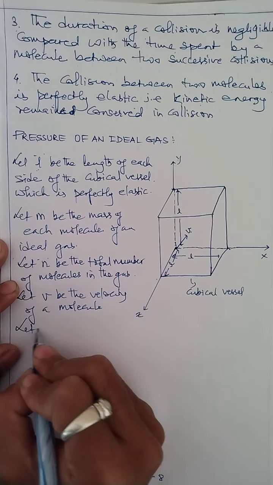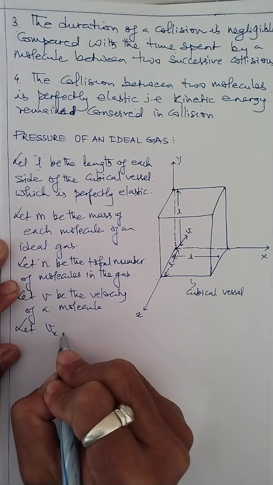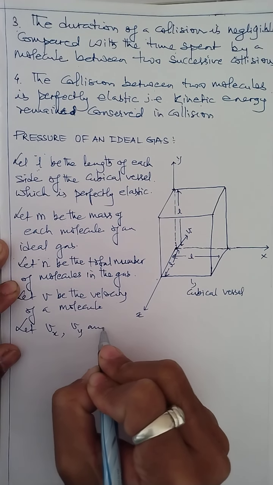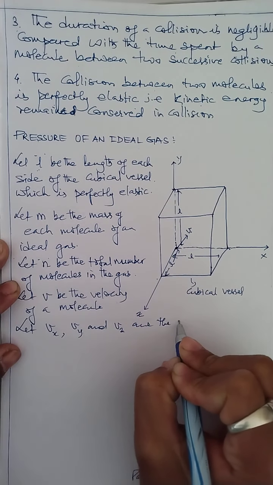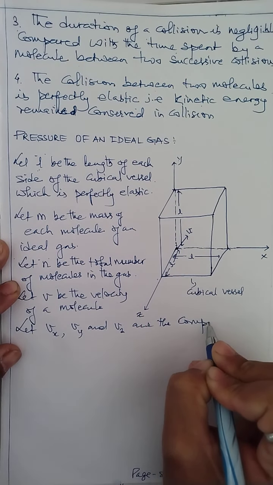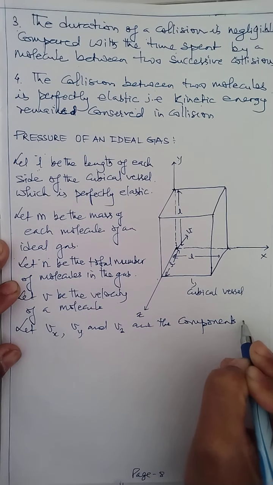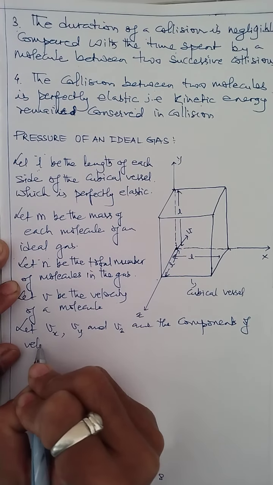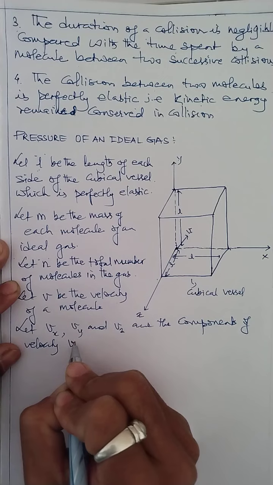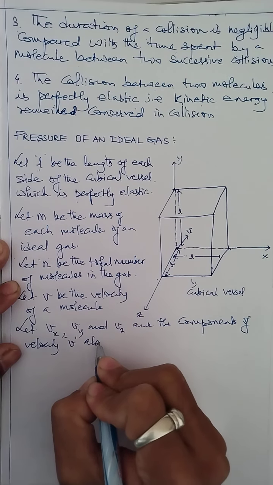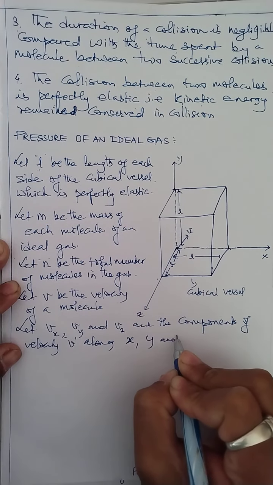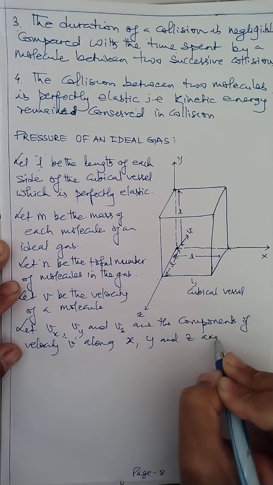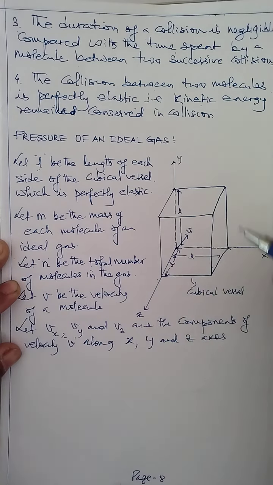For that I write down, let Bx, By and Bz be the components of velocity B along the x, y and z axis.